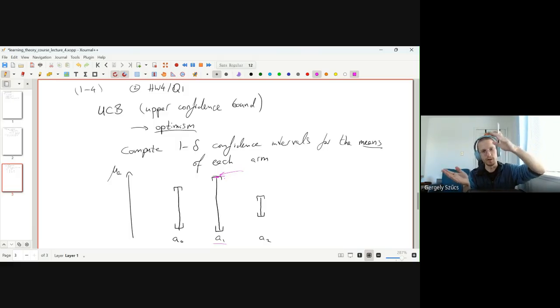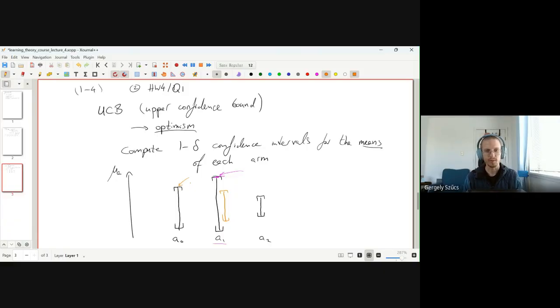So if we were pretty wrong about our optimism, then soon we'll find out, because maybe the confidence interval will eventually shrink to this lower interval, and then afterwards we would pick that one which is optimistically better, and as we choose that one again, that confidence interval will shrink as well. So that's the high level idea. And again, I wrote down more detail in the notes if you want to see how it's defined formally.